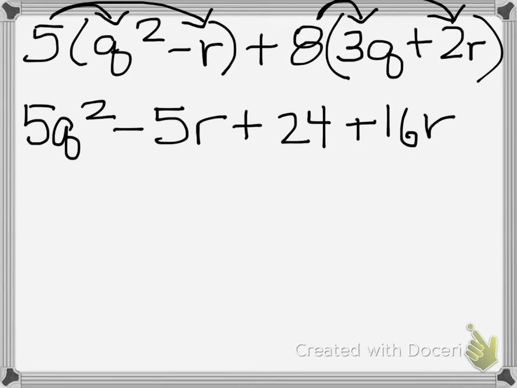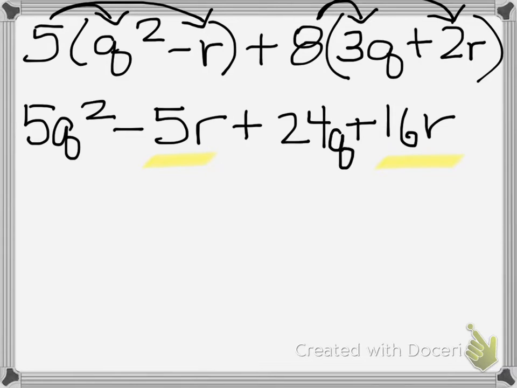Then I'm going to take a look and see if I have any like terms that I can combine. This has an r, and this has an r, so I can combine those two. But then if you look at the other two, one has a q squared, there's nothing else with a q squared, and another one has a q, so there's nothing left to combine with just a q.